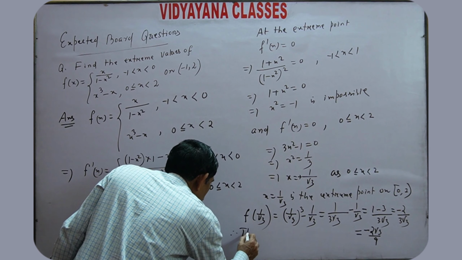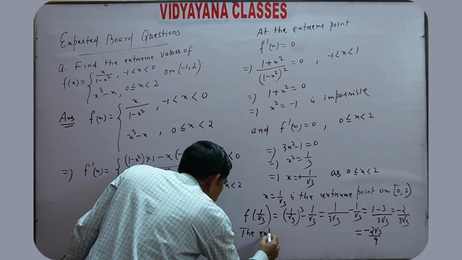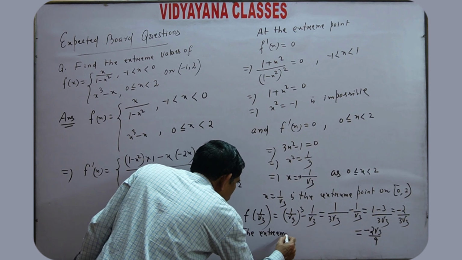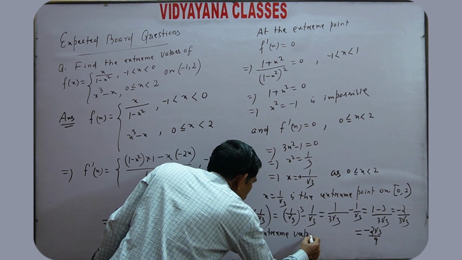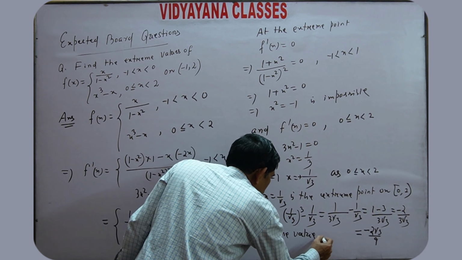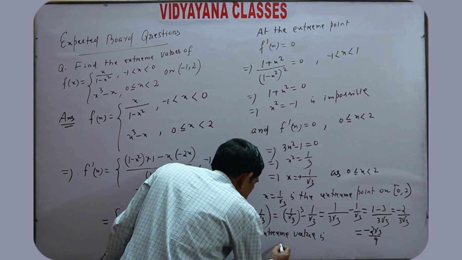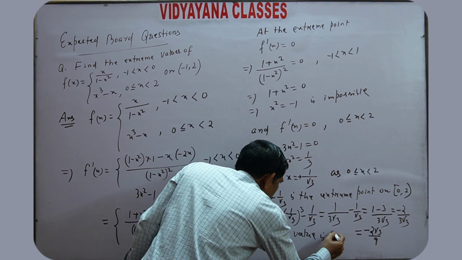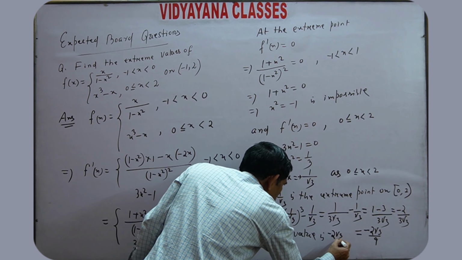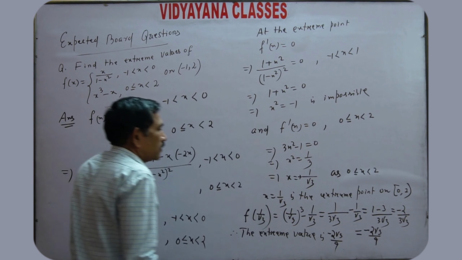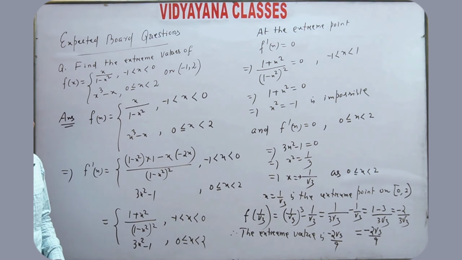Therefore, the extreme value is minus 2 root 3 divided by 9. Clear?